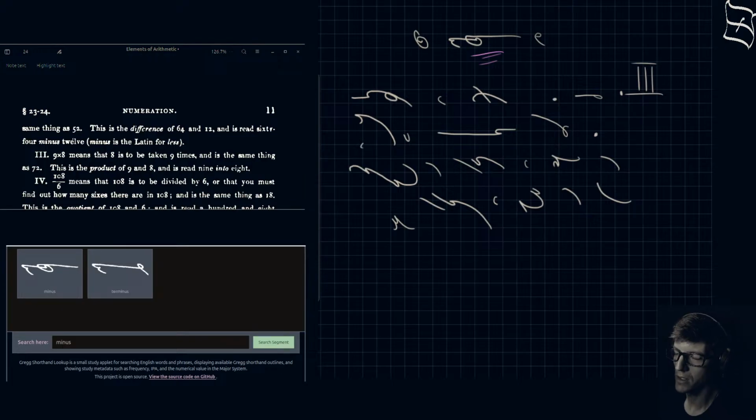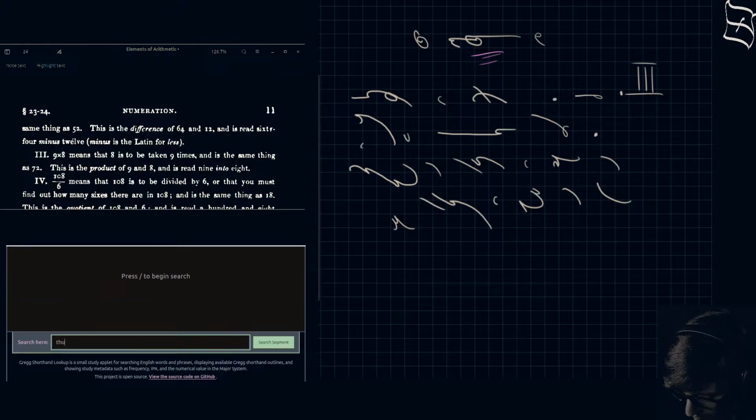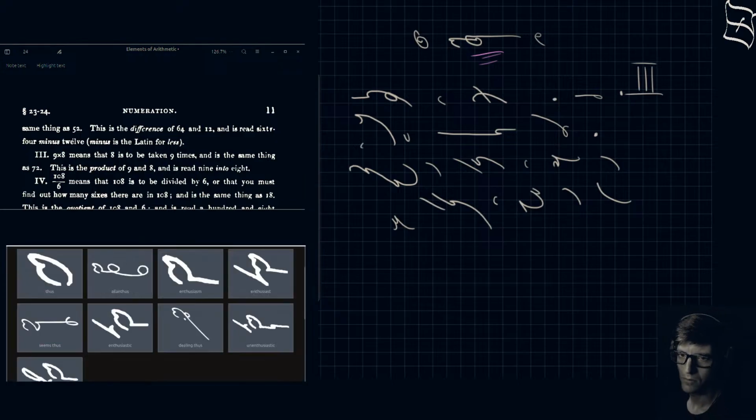I need to make sure that thus is correct. Oh, that's thus. Okay, glad I checked. Is denoted thus.